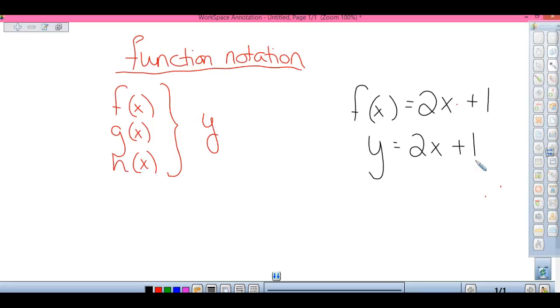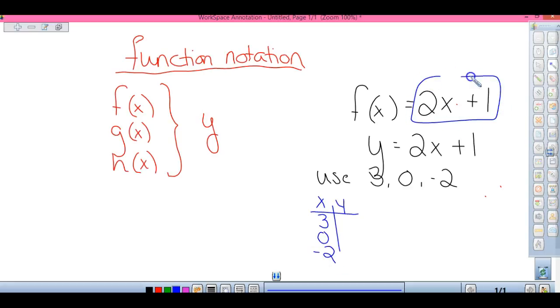So now I believe your directions are going to say evaluate using 3, 0, and negative 2. So we're still using this guy.